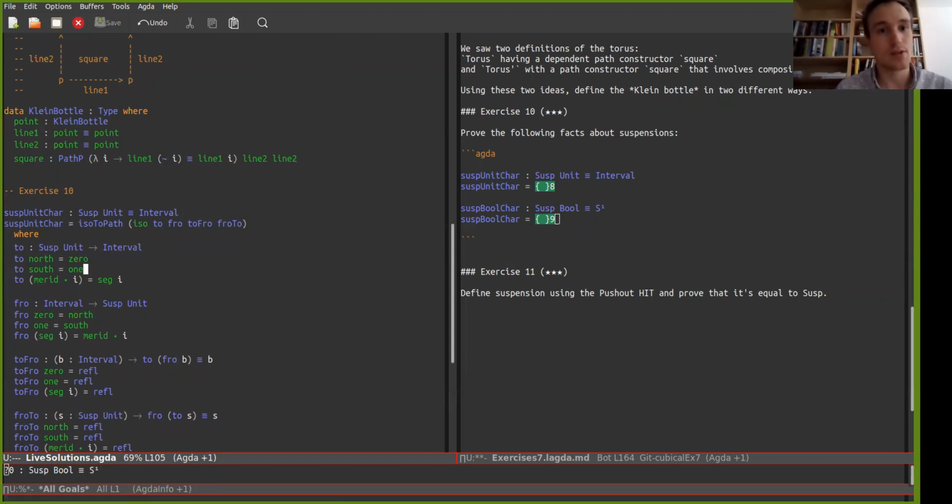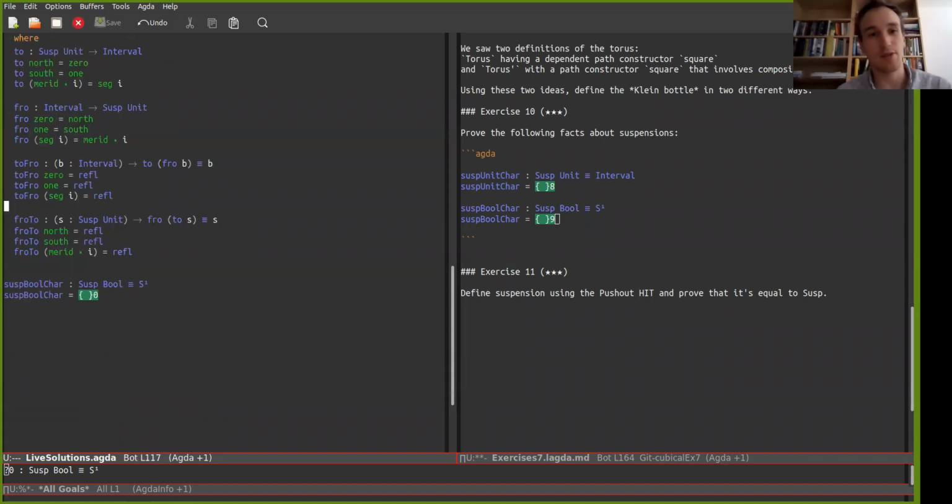Okay, so the unit is not too hard. We use either two paths. We have two functions, to and from. And then the functions are straightforward. You only have one choice really, and then everything computes by refl.